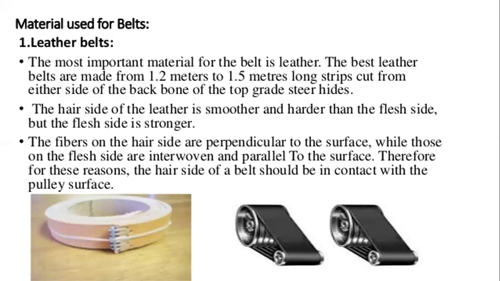And therefore, for these reasons, the hair side of the belt should be in contact with the pulley side. So for this reason, they use the smoother section on the pulley side.